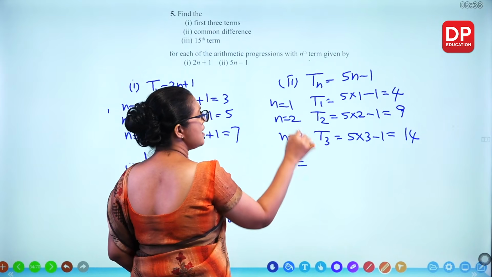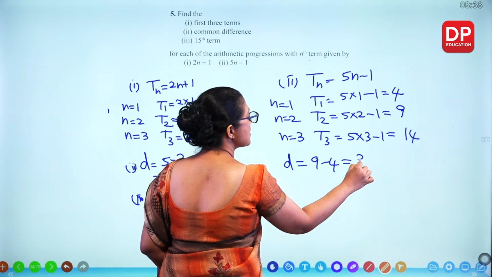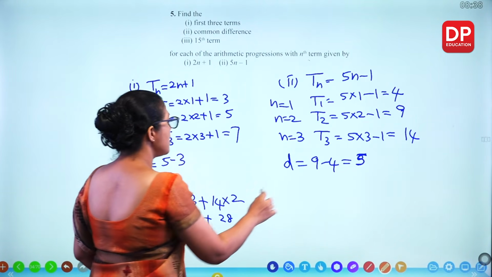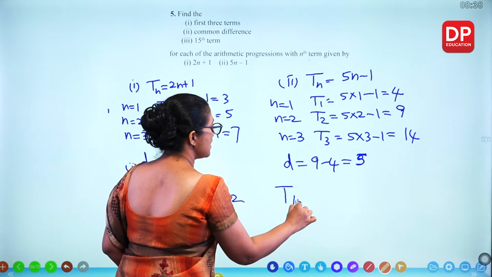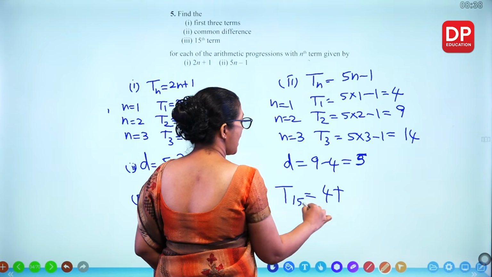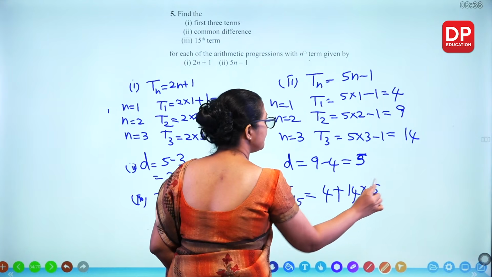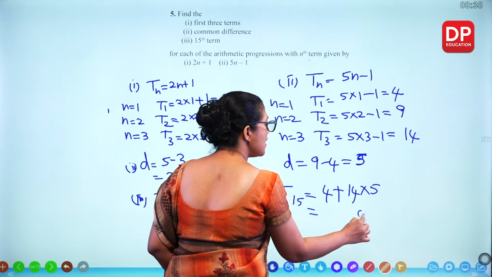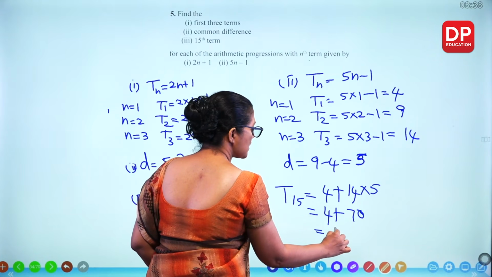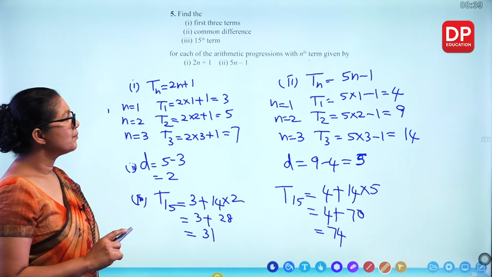I can easily find it by taking the difference between the first two terms. 9 minus 4, that's 5. Difference is 5. Then last part, we need T15. First term is 4 and 14 times the difference, 14 times 5, you get 70. 70 plus 4, 74. So the 15th term is 74.